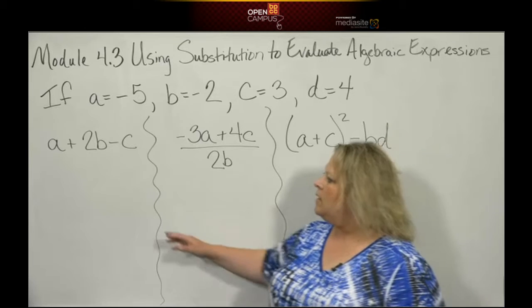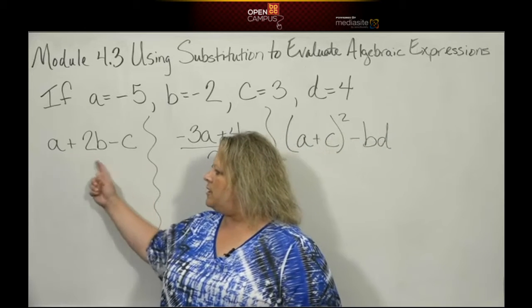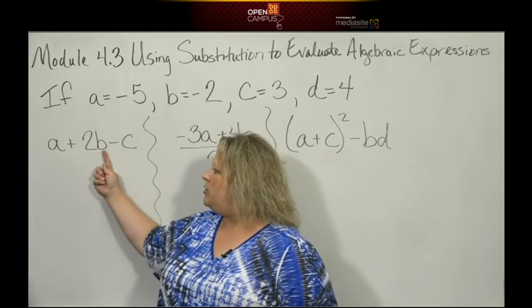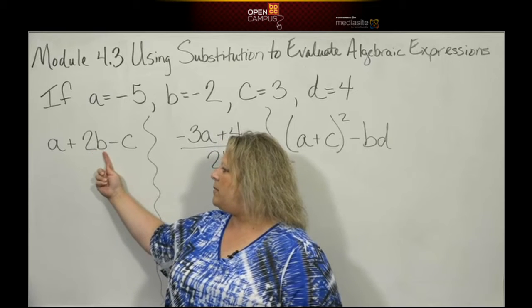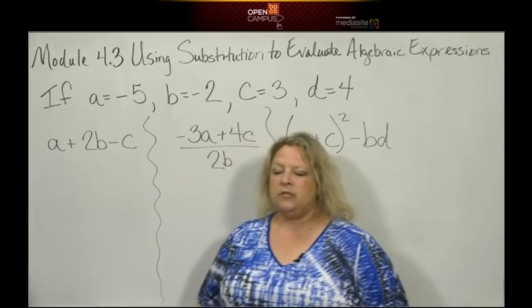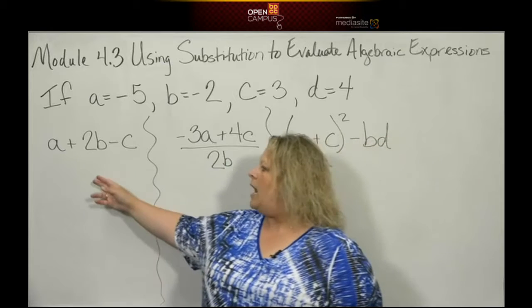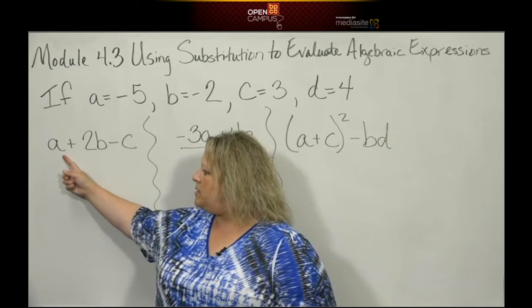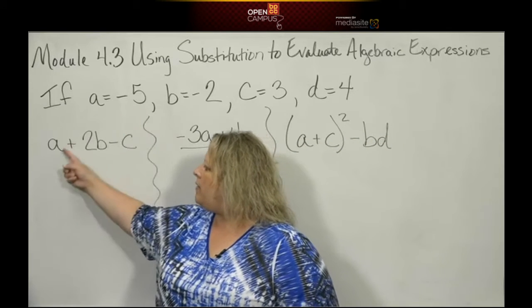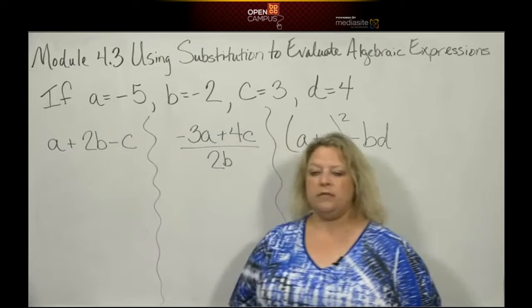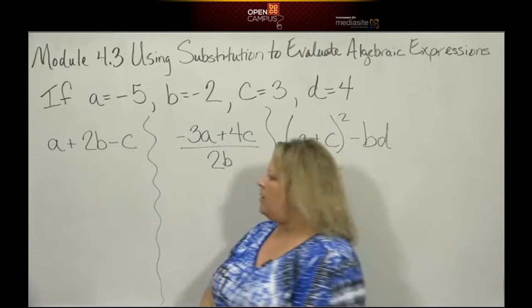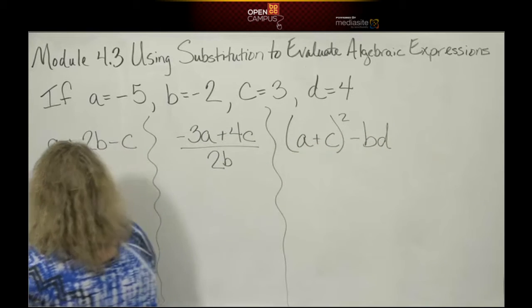So our first step, we see our first expression, A plus 2B, and remember that means 2 times B, minus C. So what do you think we got to do first? Well, first, I need to substitute our number values in place of every one of the letters that's in the problem. All right, so let's do that.